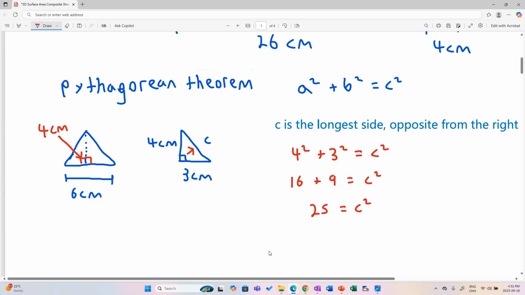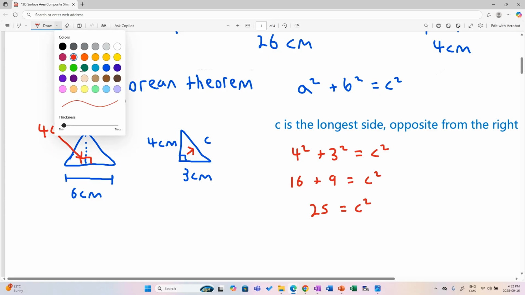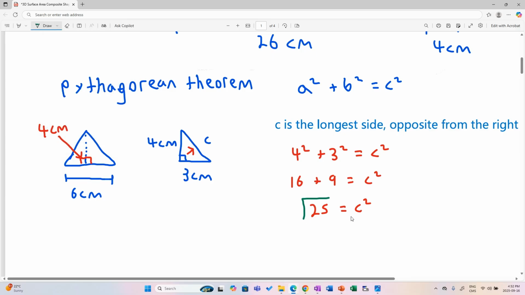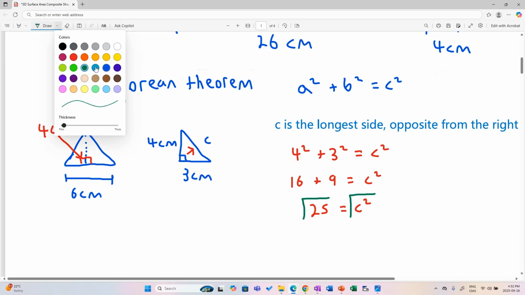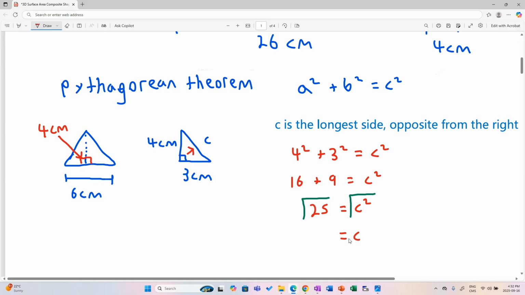Now from here, what I want to do is take the square root of 25 and the square root of c squared. If you remember from grade 8, if you take the square root of a number that's being squared, the square root and the square cancel out. So all I have left is c. And the square root of 25, a number that can multiply itself to get 25, is going to be 5.